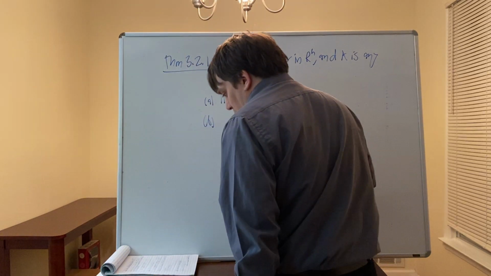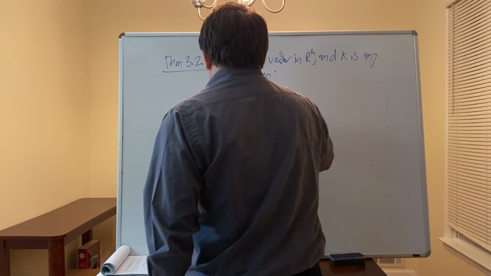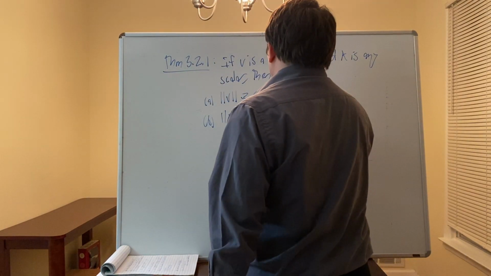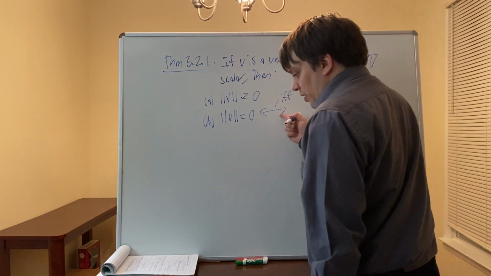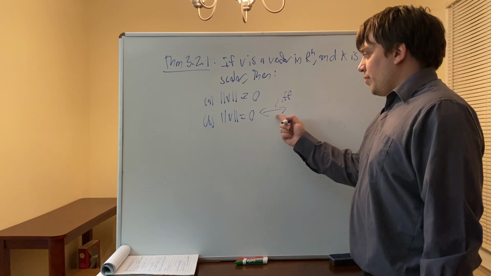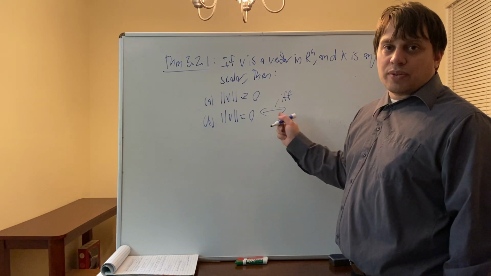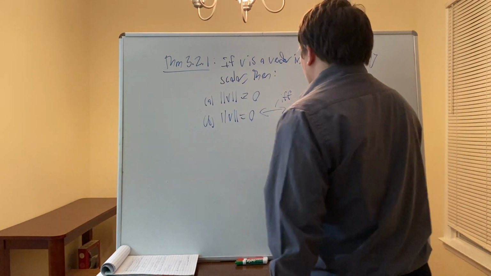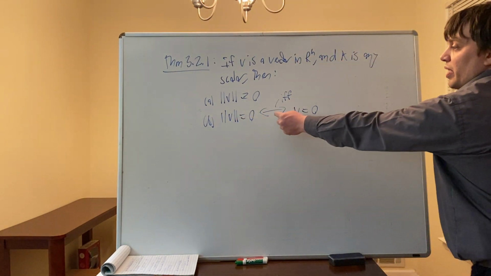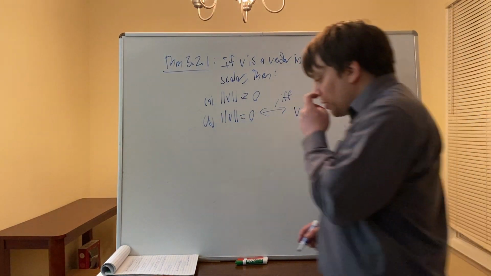B, the norm of v is equal to 0 if and only if, that's the biconditional symbol, the notation for if and only if, v is equal to 0.